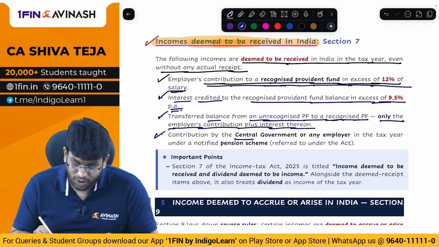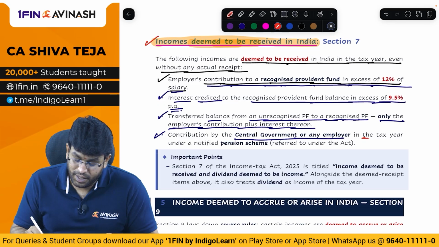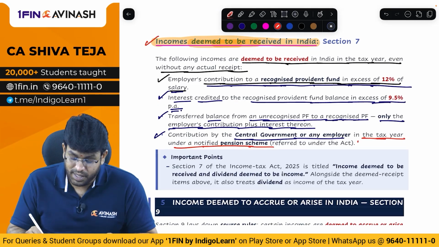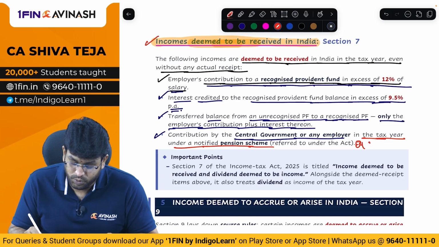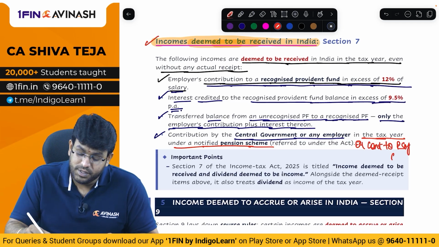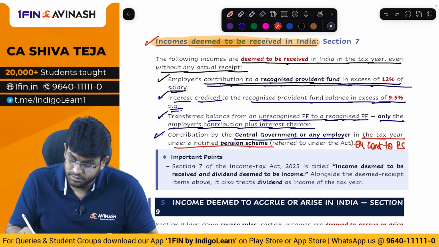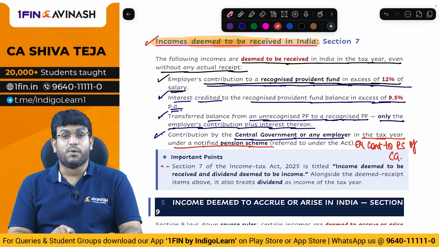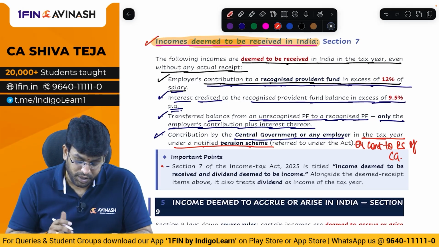Contribution by central government or any other employer in the tax year under a notified pension scheme. So in simple terms, employer contribution to the pension scheme of central government. See here, important points.